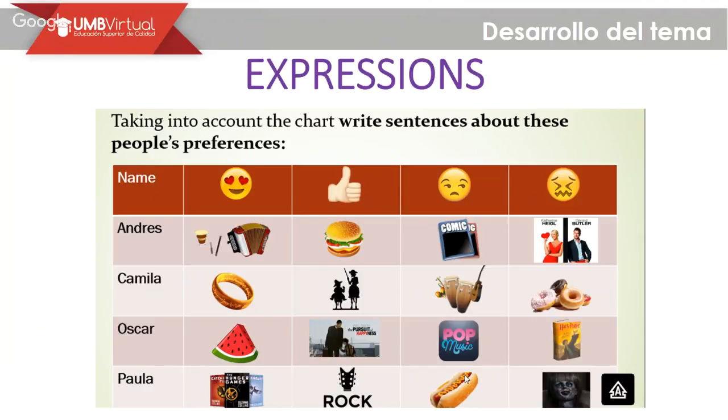Okay. We are going to take into account this part, which is some ideas according to some people's preferences. And I'm going to select some of them, and the idea is to start making some sentences.